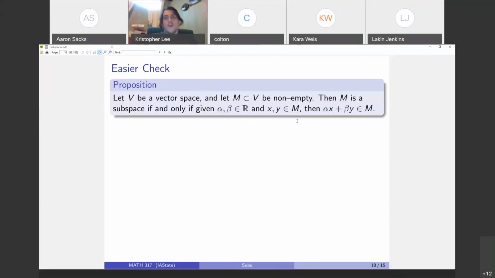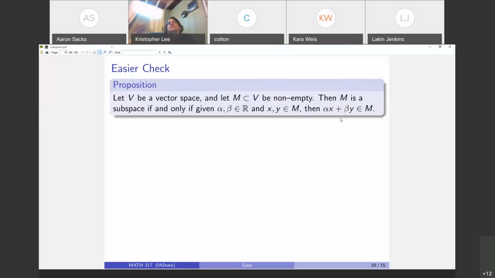Okay, so that being said, let us now note that in order to prove something is a subspace, as we just had to do, we had to check three things. Check for non-empty, and like I said, in practice, it usually means showing whatever the additive identity is in the set. Show that it's closed under scaling, and then show that it's closed under addition. Well, it turns out that we can streamline this into just one condition, which is showing that the scaling and addition of any two things remains within the set.